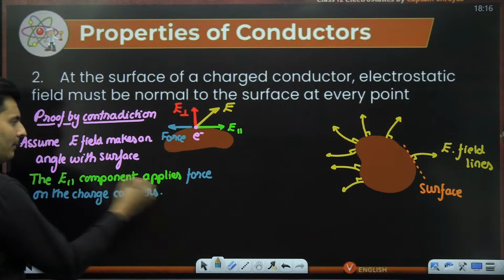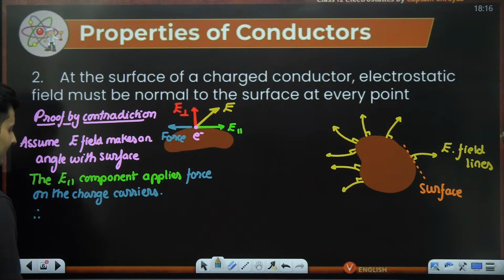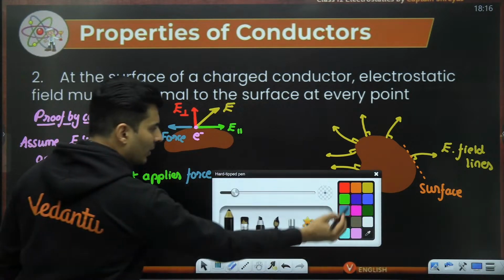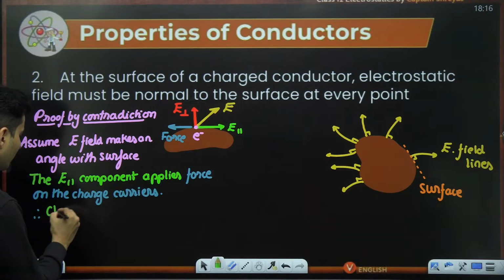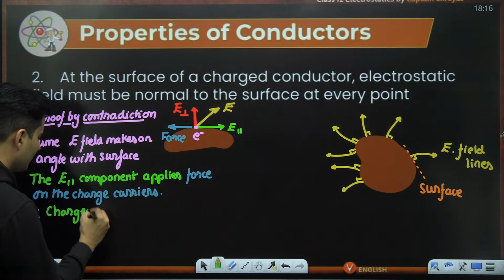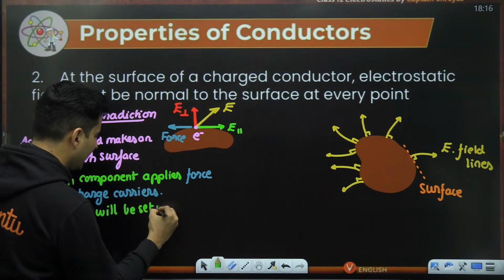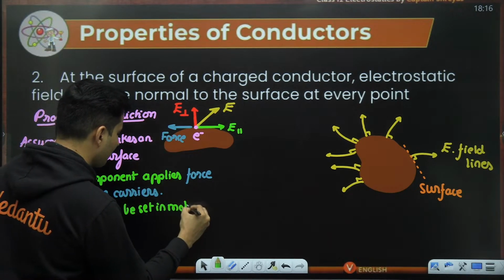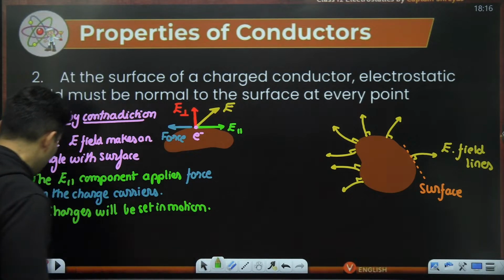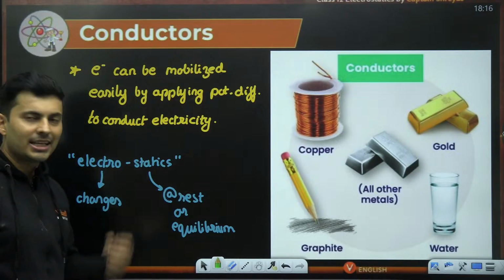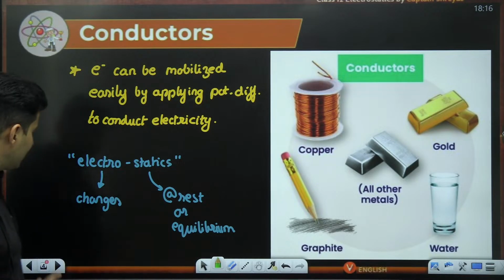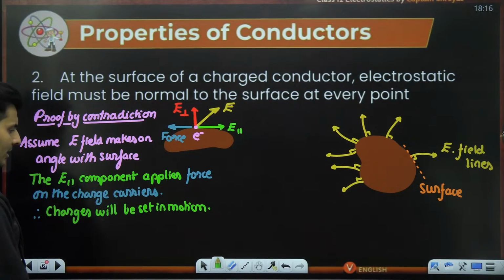The moment it applies force, what will happen? Therefore, the charges will be set in motion. But how is this allowed? Because in electrostatics, we are dealing with static situations, hence our assumption is wrong.